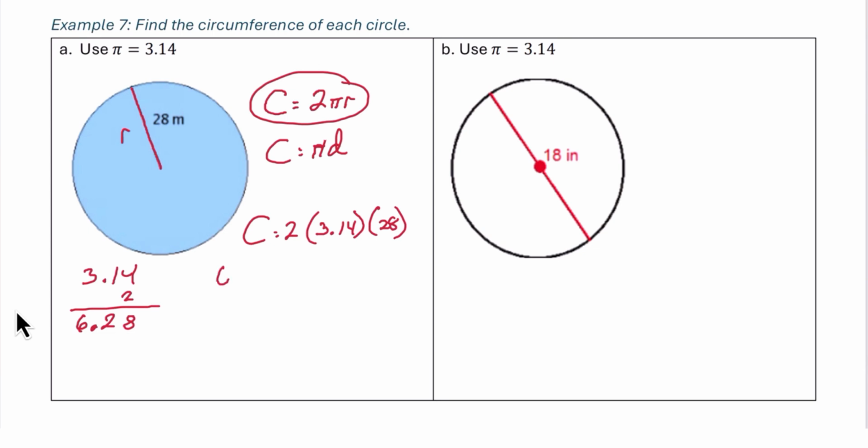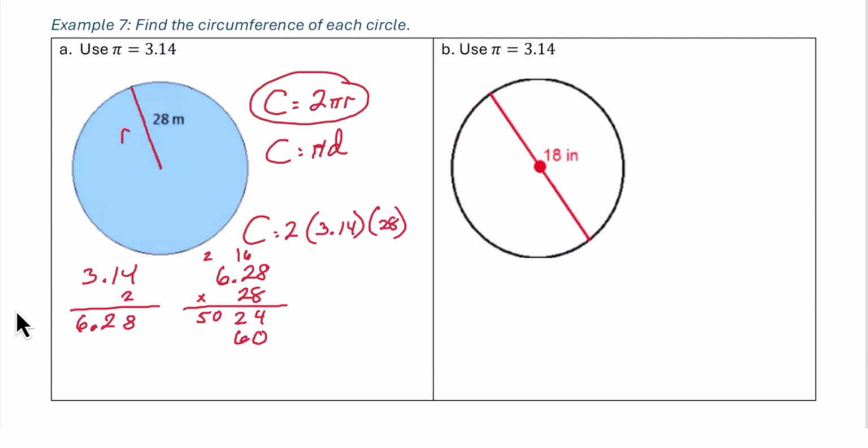Next, we can take that answer and multiply it by 28. 8 times 8 is 64. 8 times 2 is 16, plus 6 is 22. 8 times 6 is 48, plus 2 is 50. 0 placeholder. 2 times 8 is 16.